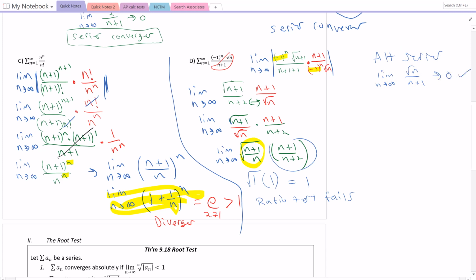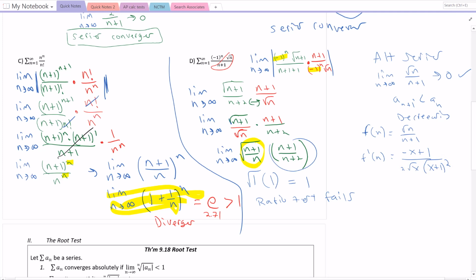And next I need to show that a_{n+1} is less than a_n. Basically, another word for this is that it's decreasing. An easier way to show this, that's actually really formal, is to define the function, and then take the derivative, which I'm not going to go through with you, but if you took the derivative of this, you would get negative x plus 1 over 2 square root of x times x plus 1 squared.